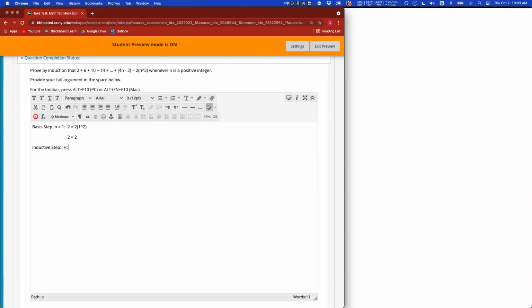You need to make the inductive hypothesis first. You will assume 2 plus 6 plus 10 plus 14 up to 4k minus 2 will equal 2k squared for integer k, or you can say for k greater than or equal to 1.